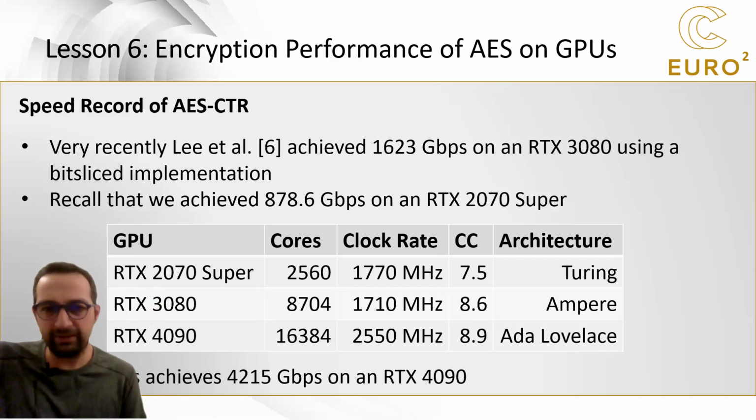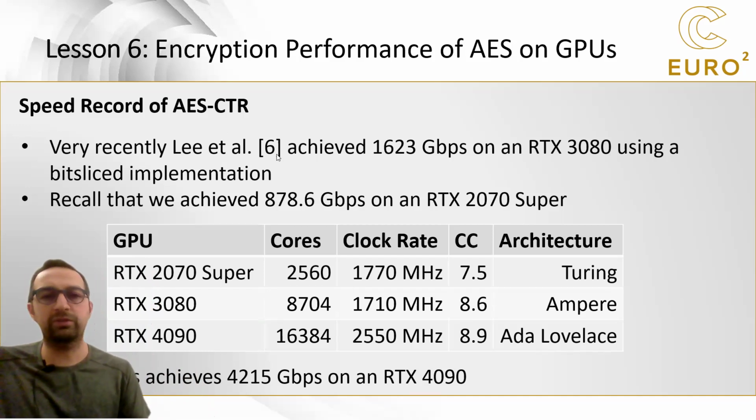But the same thing applies to this paper too. They don't share their codes, but our codes were publicly available. They didn't run our codes on their GPU. They compared their speed with respect to our speed, but our speed was with an RTX 2070 Super, which only contained 2,500 cores, while they obtained these results on a GPU which has more than 3 times more cores.